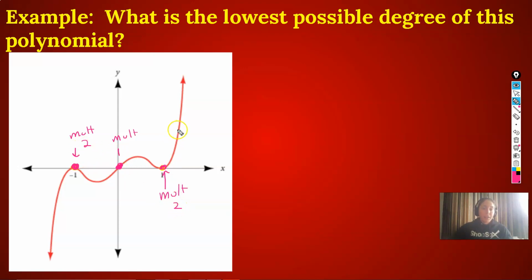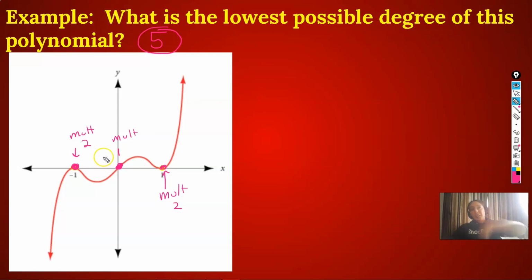And we know it's an odd degree polynomial because it has disco fingers, right? It's going in opposite directions. So the lowest degree of this polynomial would be 5. We can also look at how many turns this thing has, how many times it changes from increasing to decreasing.